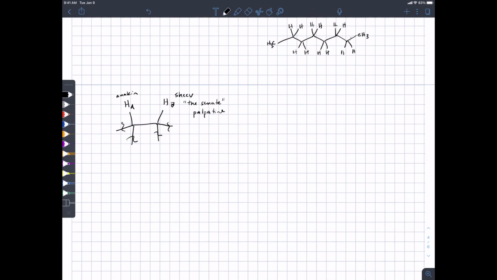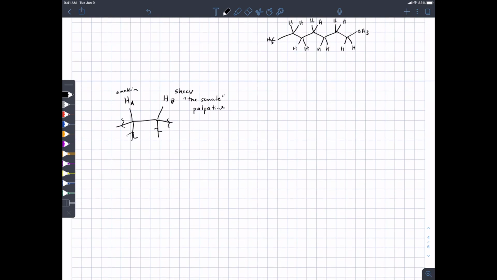Both of these are magnets, right? Both of these experience the external magnetic field, but they each have their own magnetic field that can influence nearby protons. So let's imagine that we're asking what resonance frequencies proton A can have. There are two different environments proton A can experience, right? Proton A can experience the external magnetic field plus the little field that proton B contributes.